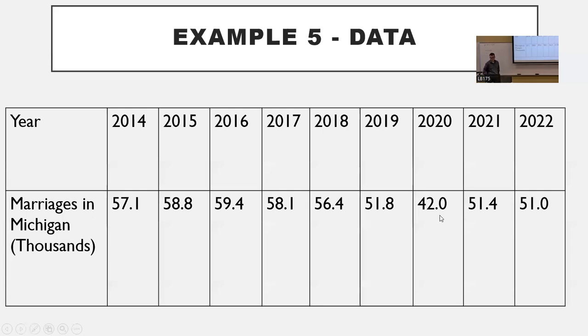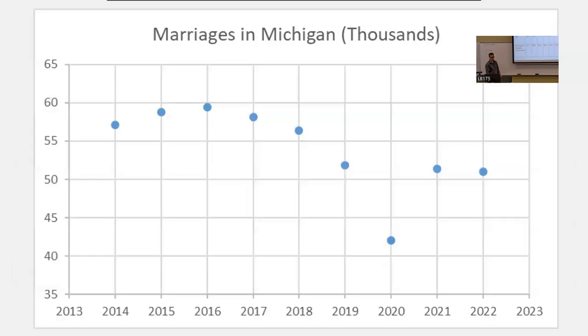Notice that 2020 dropped off to 42.0. So way less than the other years. Why would that be? COVID, yeah, the COVID stuff. So COVID stuff really dropped off the number of marriages that happened that year. So anyways, interestingly enough, I don't know what it is now. I think the data set goes past 2022, but can't remember. But this is what it looks like.